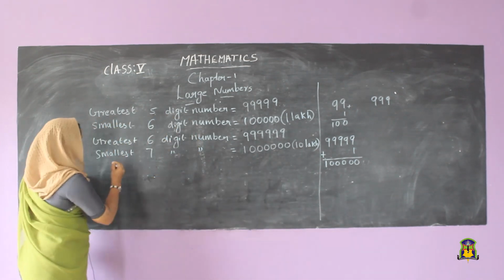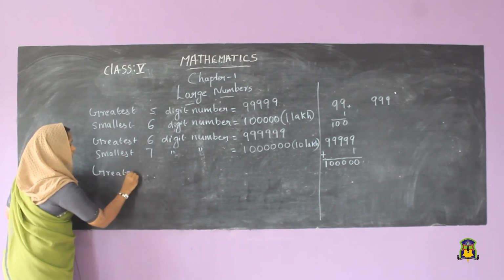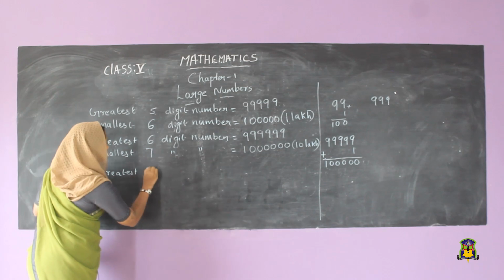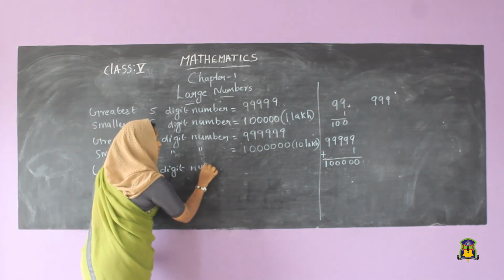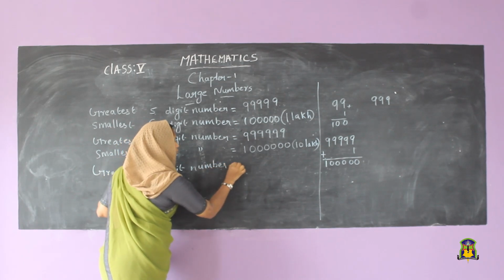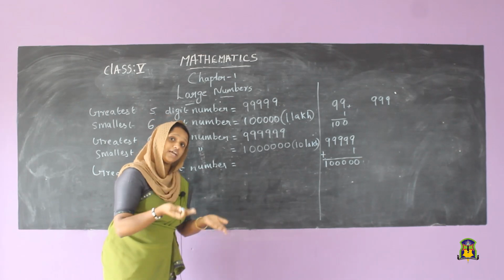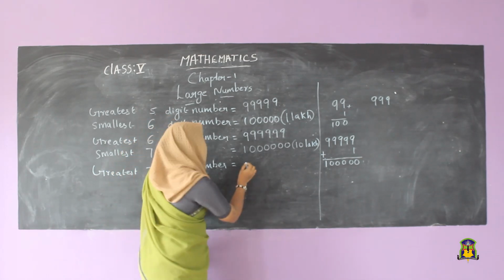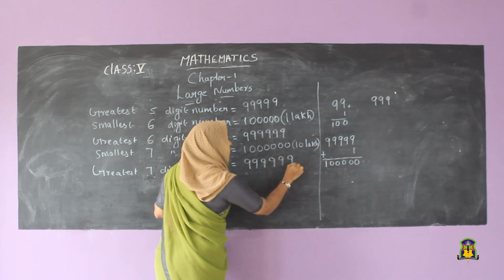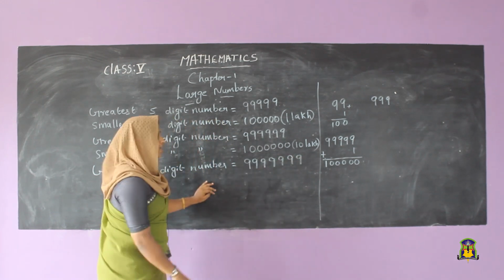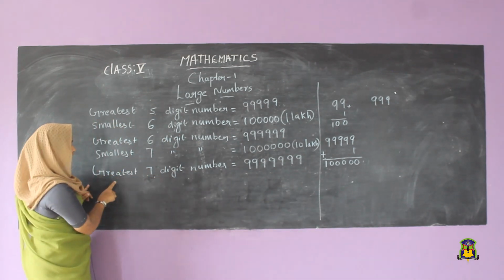Okay, next, the greatest 7-digit number. We know the greatest 7-digit number means seven 9s will be there. Now if we add 1, what do we get?